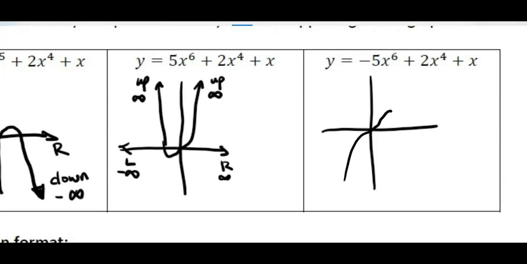It goes up sort of like that and then down. And so as we're going to the left, this is going down, or to negative infinity. And as we go to the right, this is also going down, or also to negative infinity.